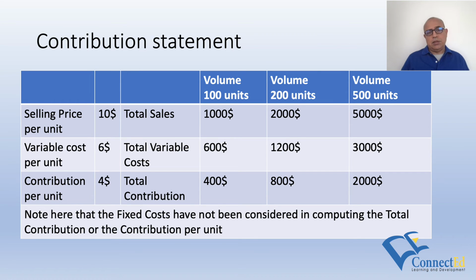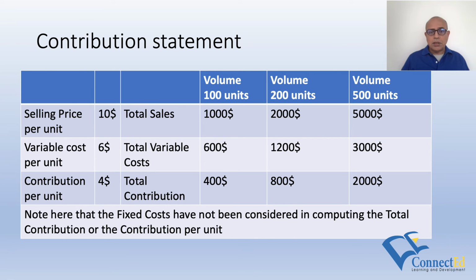This is simply because the selling price per unit and the variable cost per unit are assumed to remain the same whether you produce and sell 100 units or you produce and sell 200 units. Now, this is a very important assumption. Some of you may, from practice, argue that if you want to sell 200 units, you may need to drop the price, and you may no longer be able to continue to sell at $10 per unit.